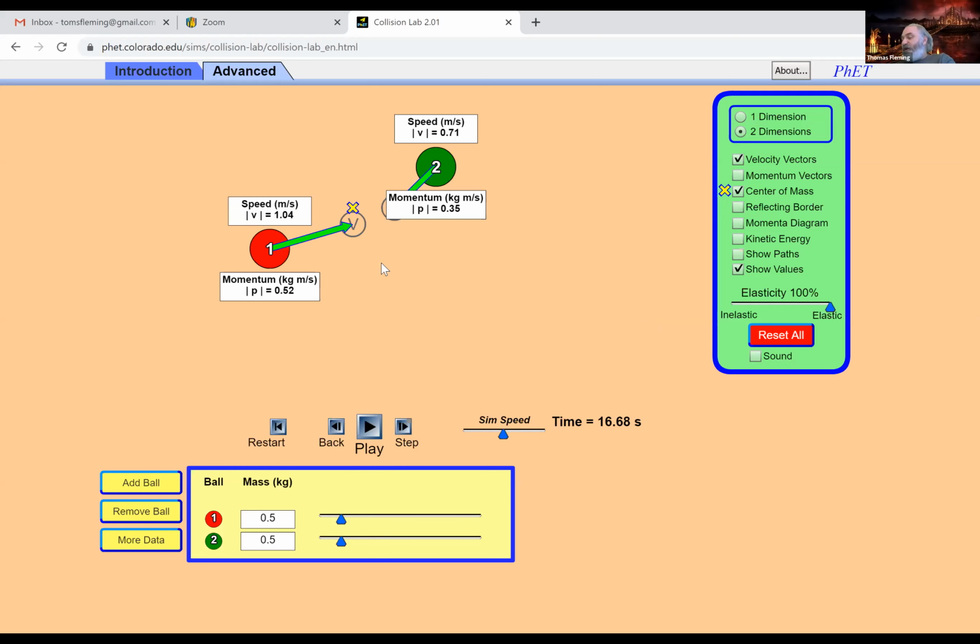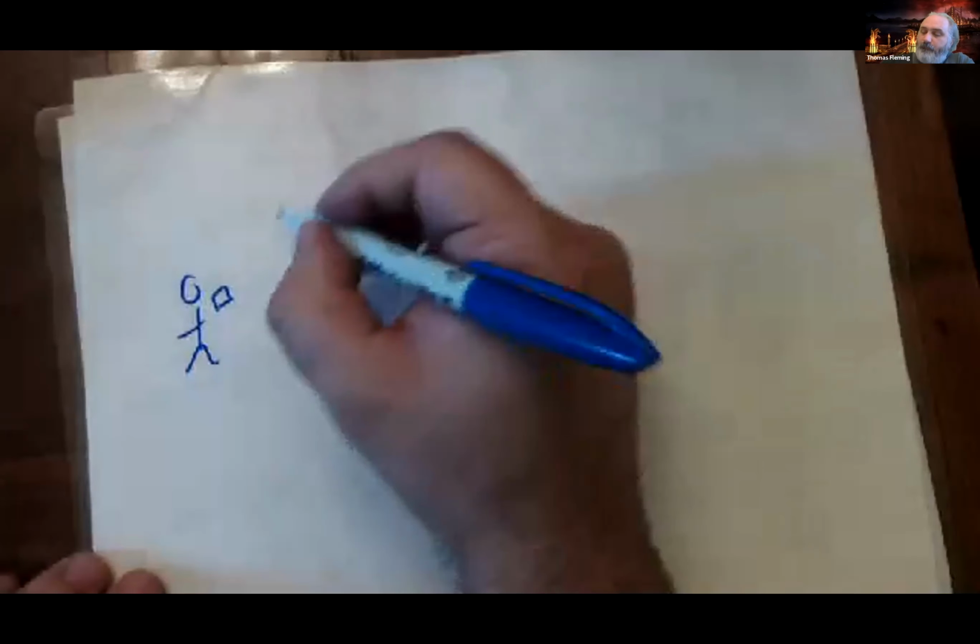Imagine I have the following scenario. So imagine that it's 4th of July and I take, I don't know, like an M80 or a black cat or something, and I throw it into the air.